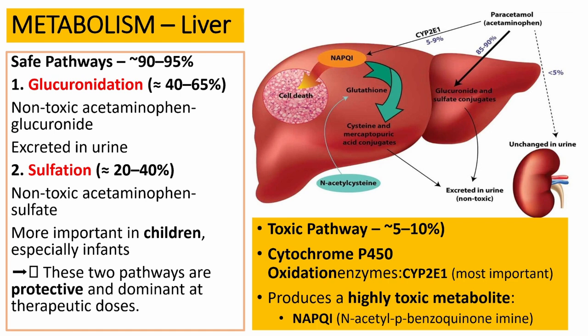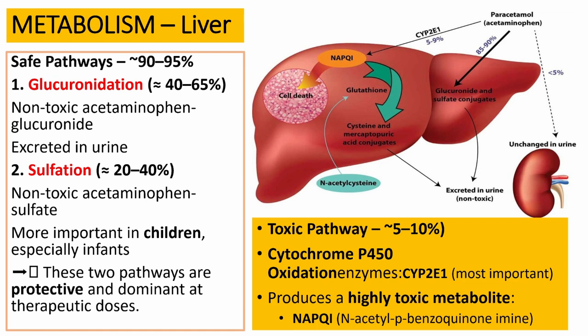Only 5 to 10% goes through the toxic pathway, the cytochrome P450 pathway. N-acetyl-p-benzoquinone imine, NAPQI, is a toxic substance that produces toxicity of the liver.